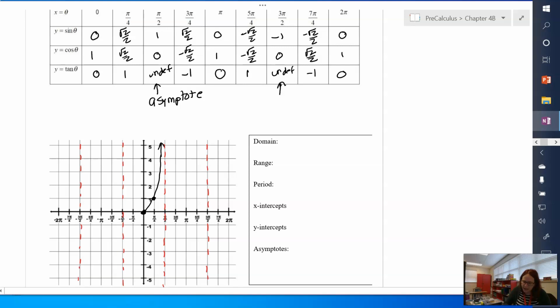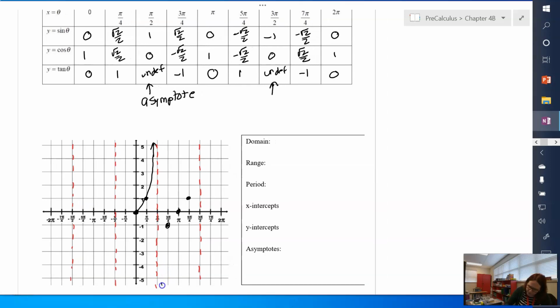I have a -1 at 3 pi over 4. So there's a point here. And then I'm 0 at pi. And then I have 1 at 5 pi over 4. So start by the asymptote, go through the points, and then head towards the other asymptote. So right there we can see what the whole cycle of the tangent graph looks like.